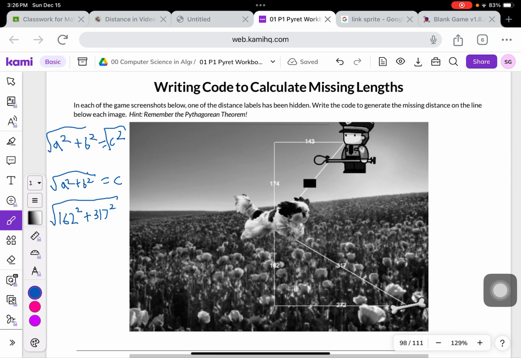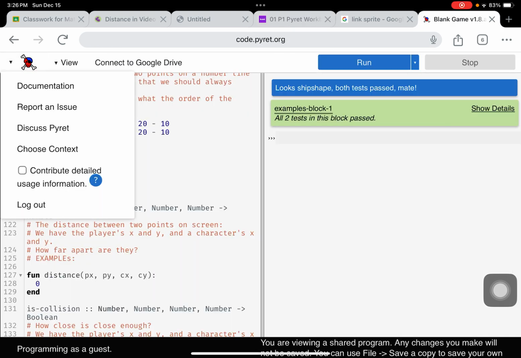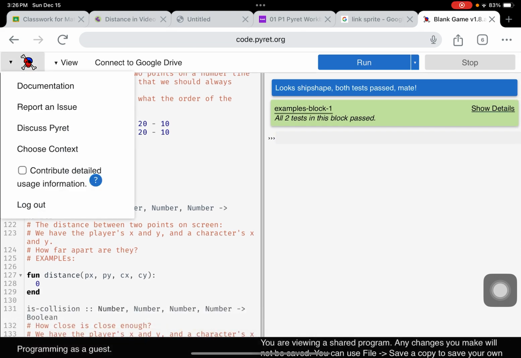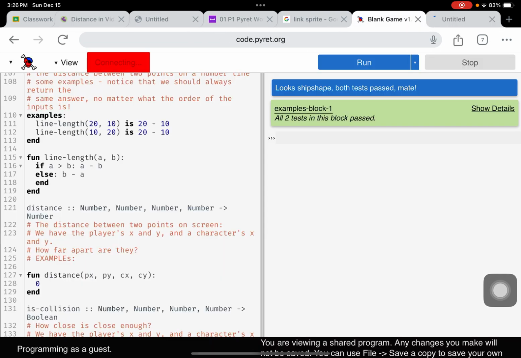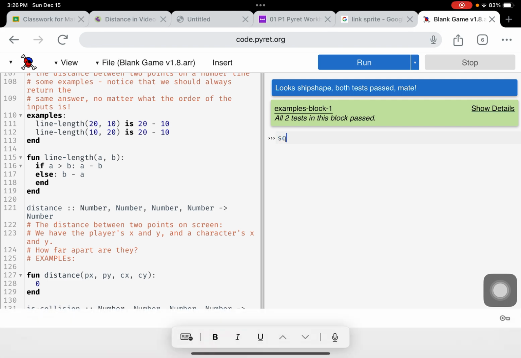Okay, I'm going to open up a new Pyret file. I could probably just type it in over here. So you do square root.